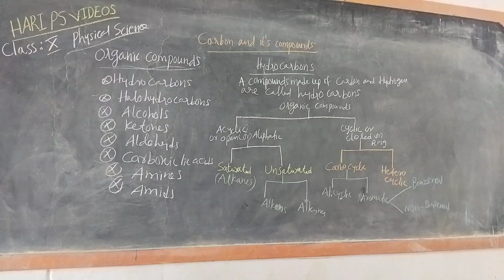Saturated aliphatic or acyclic hydrocarbons are, for example, alkanes. Unsaturated ones are of two types, alkenes and alkynes. Cyclic compounds are carbocyclic and heterocyclic. Carbocyclic are again of two types, alicyclic and aromatic.